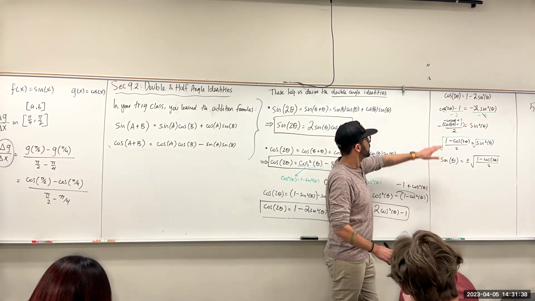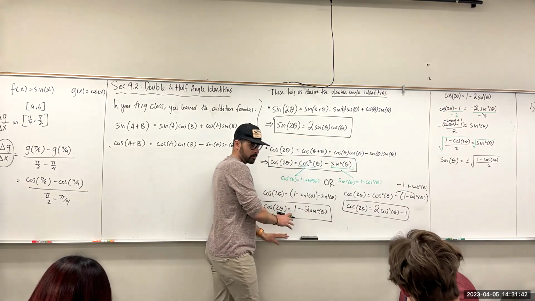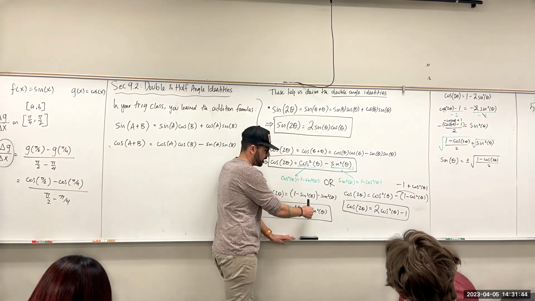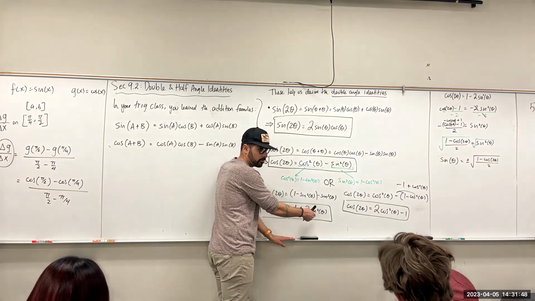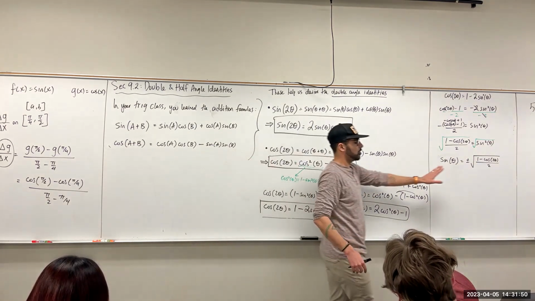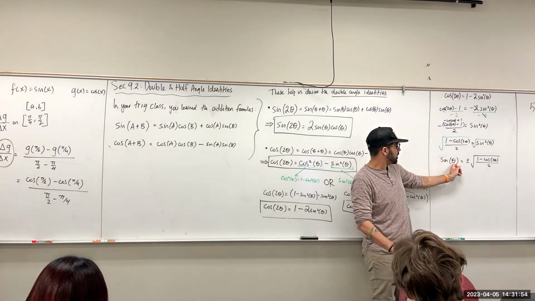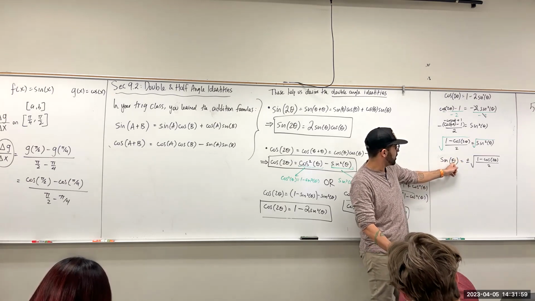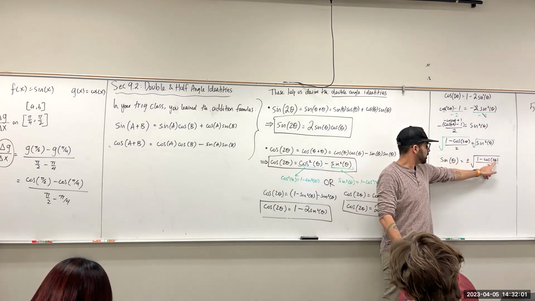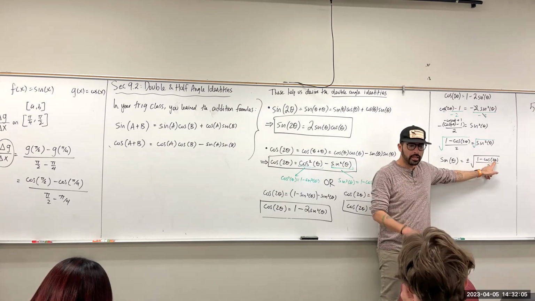What we're doing is we have this identity, right? And so what I'm saying is I'm going to use this identity to get sine by itself to give me this equation. Why am I doing that? Because now this tells me that I can evaluate sine of an angle if I know cosine of double the angle.